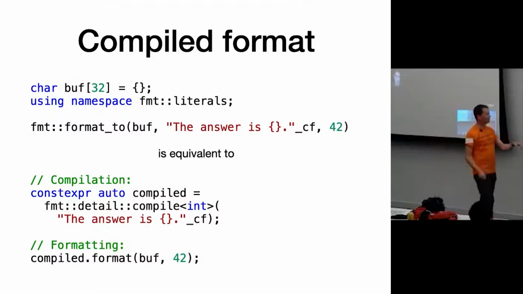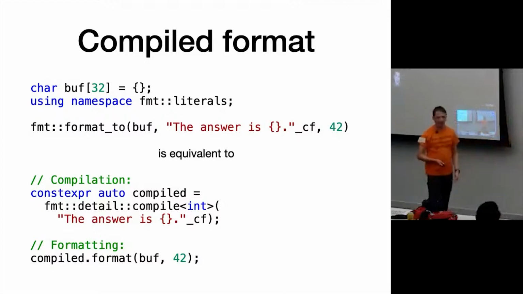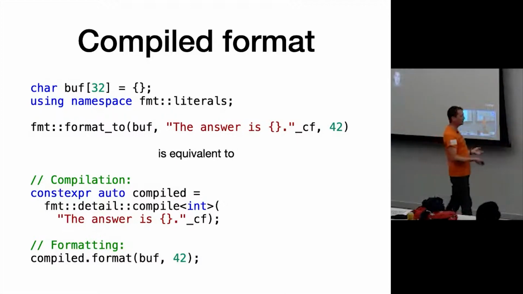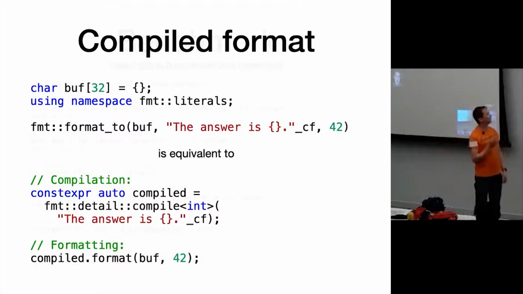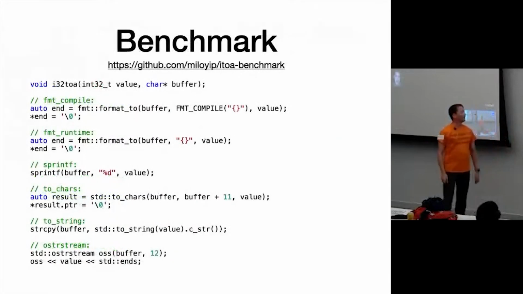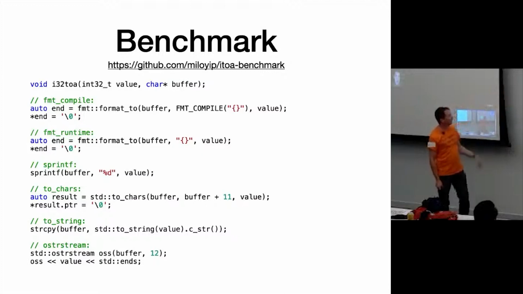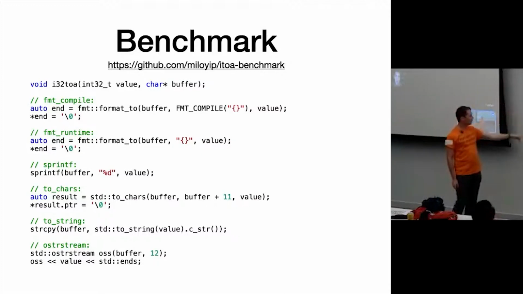So this conversion happens at compile time, and the actual output happens at runtime. There is no processing of the format string at runtime. And we can look at the benchmark to see how much it helps. So there's fmt with format string compilation, without it, the default, printf, to_chars, to_string, string.